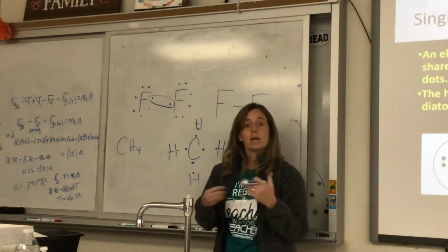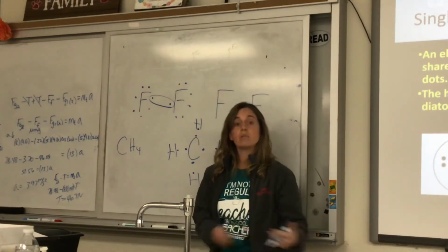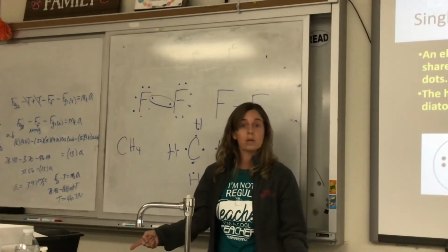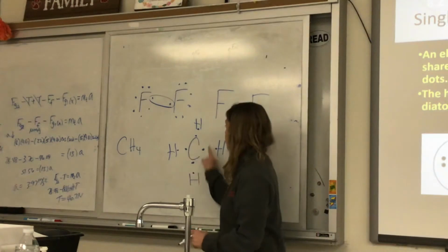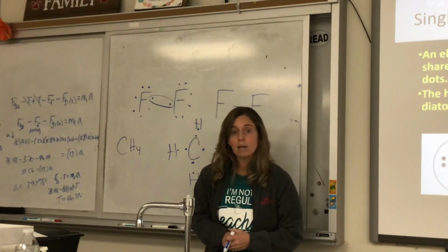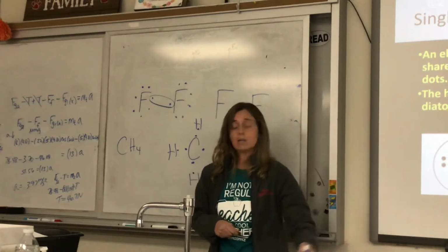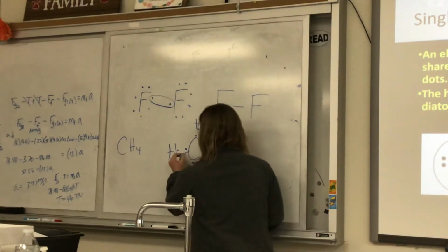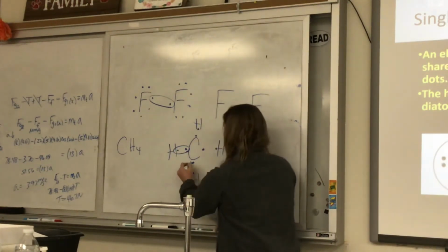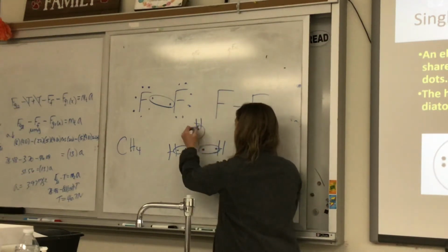Each hydrogen can only share 1 electron and receive 1 electron, because remember, they're moving toward helium, which can only have 2. Carbon here has 4. How many does it need to make 8? That's right, it needs 4 more electrons to make 8. So each electron from carbon is going to share with 1 hydrogen here, 1 here, 1 here, and 1 here.